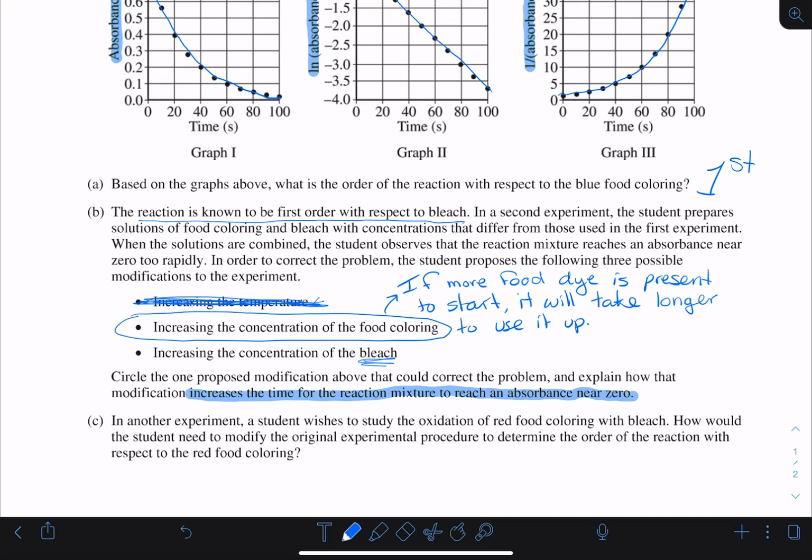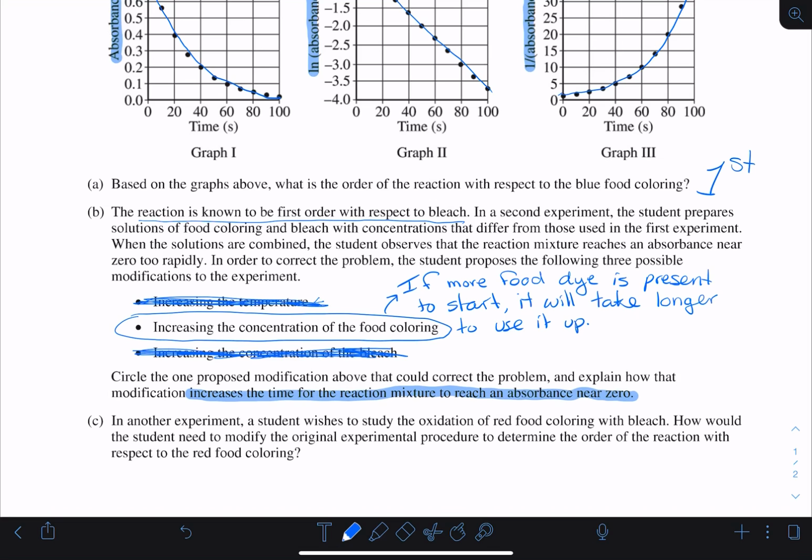That means increasing the concentration of bleach is increasing the rate of our reaction. If we're increasing the rate of our reaction, but we haven't added more food dye, we're going to use up that same amount of food dye more quickly. We're looking to make this take longer, but increasing the concentration of bleach would also make it take less time. So this one would be counterproductive as well.